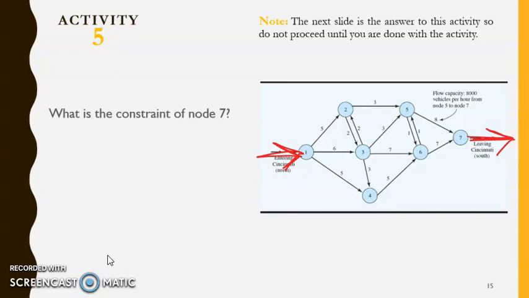Makes sense. And the inflow of 1 equals the outflow of 1, according to all the examples we have done so far together. Also, the inflow of 7 equals the outflow of 7. And again, the inflow of 1 equals the outflow of 7.